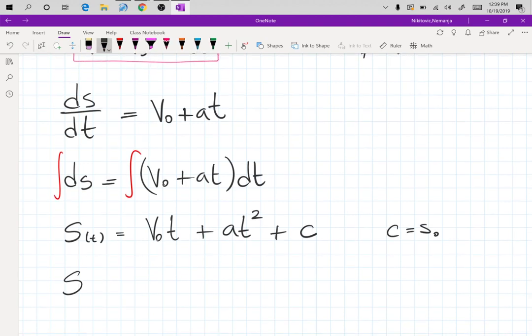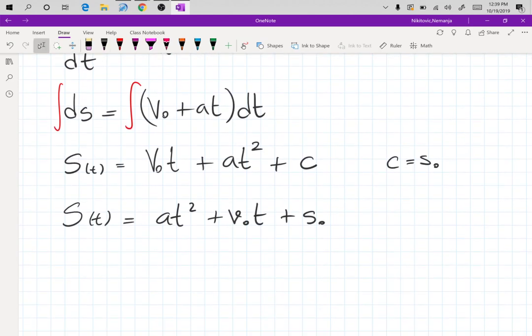So we get that s of t is equal to at squared over 2 plus v0t plus s0. If you remember, y equals negative 1/2 gt squared plus v0t plus y0, from physics. You remember that formula? Well, that's where it comes from.